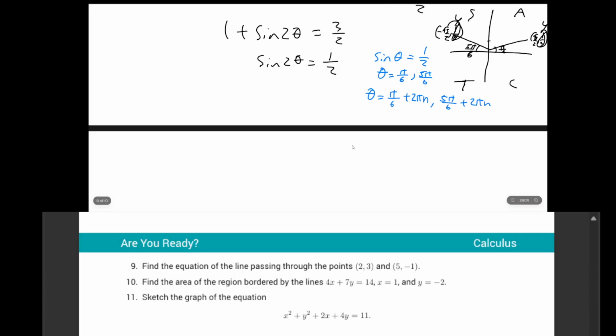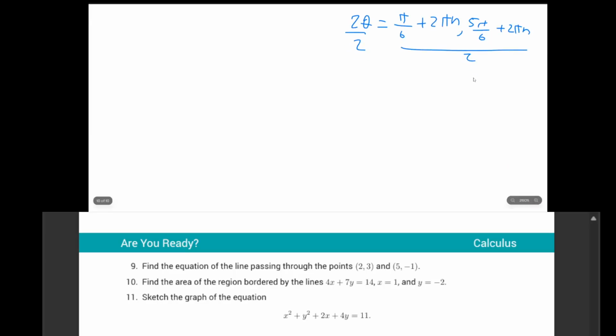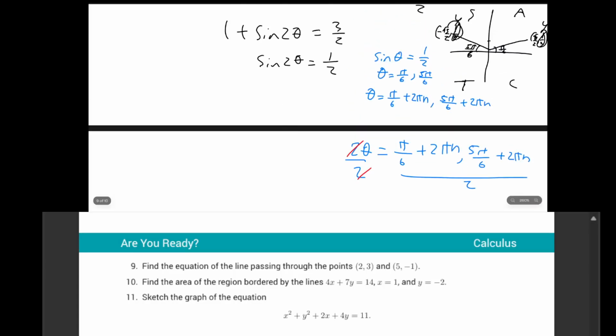So now we can just say 2 theta equals pi over 6 plus 2 pi n, and this is not really correct notation-wise, I'm just going to use a comma here, plus 2 pi n. Then if we divide by 2, again not really correct notation-wise, these will cancel, or no, sorry. Let me rewrite this.